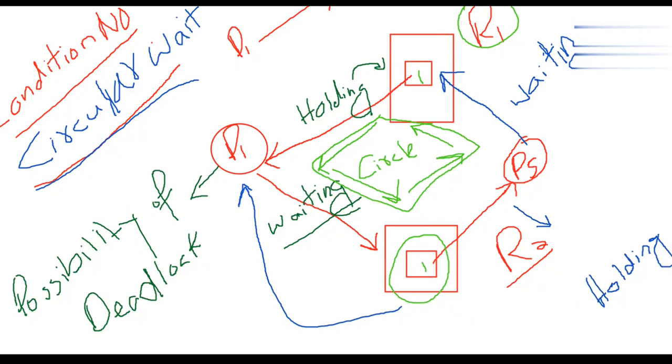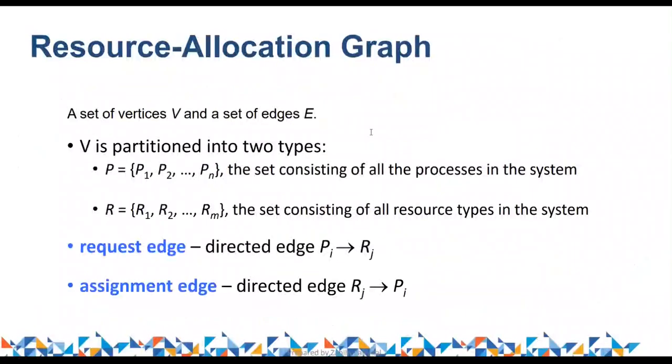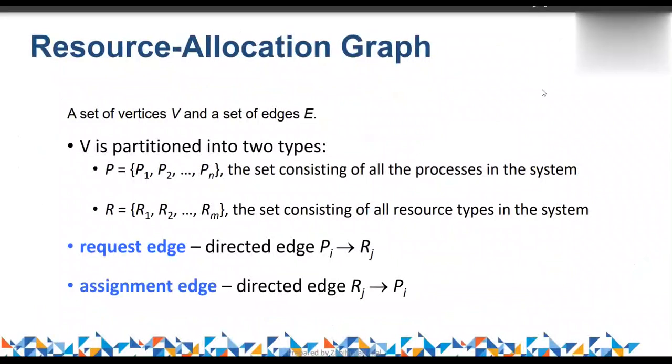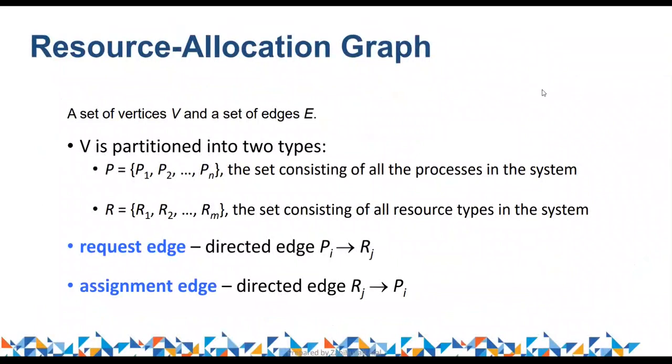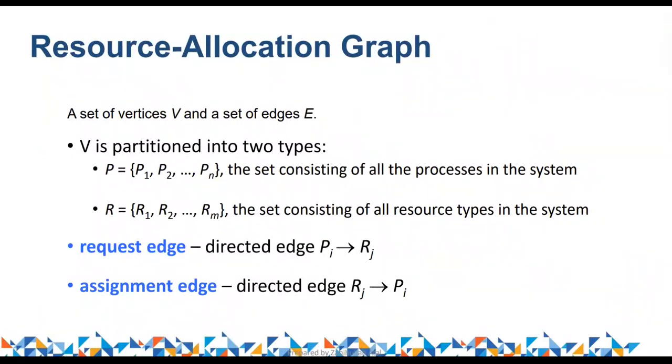Okay, guys. Now we will try to understand the resource allocation graph, because that graph will help us to understand the further topics, okay? Resource allocation graph. This is a very easy graph because you guys are already familiar with this. How? Let me explain how you are familiar with this.